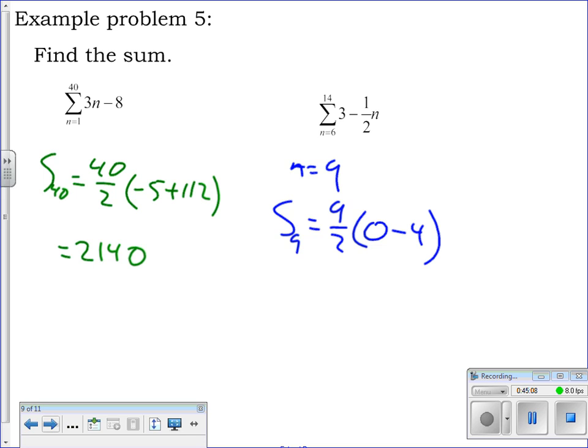So negative 4 times 9 over 2. Negative 18. Not that hard, is it? I mean, really, particularly those numbers. 0 plus negative 4 times 9 over 2. You should be able to do that without your calculator.